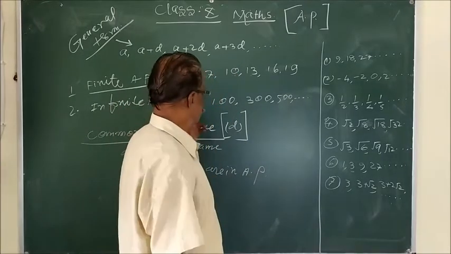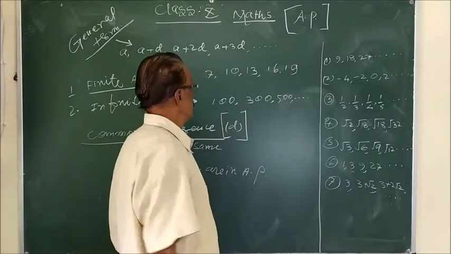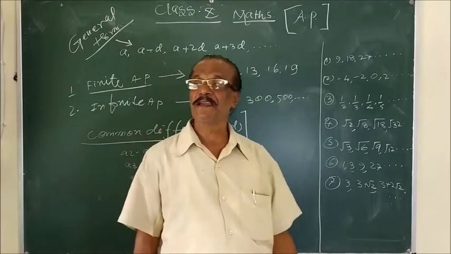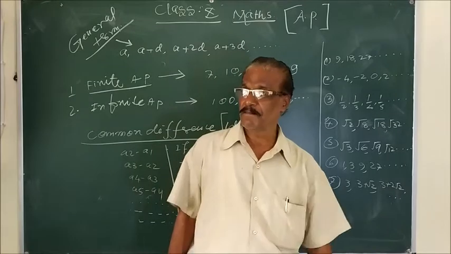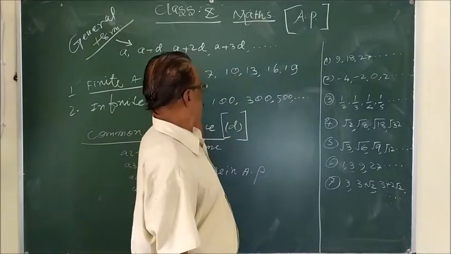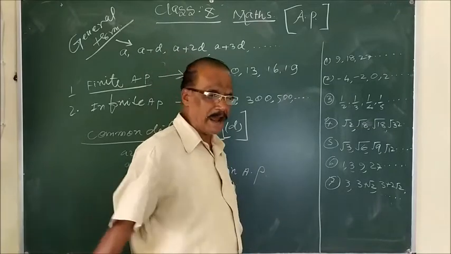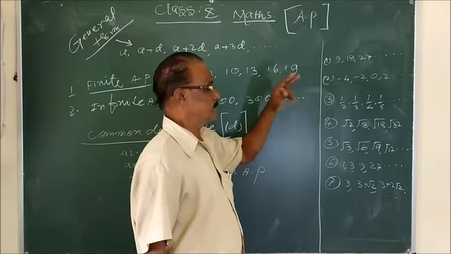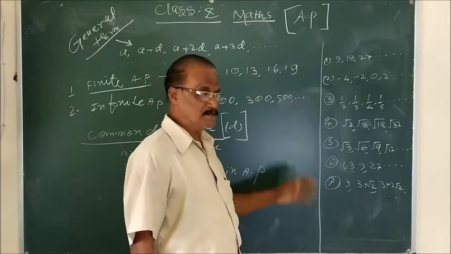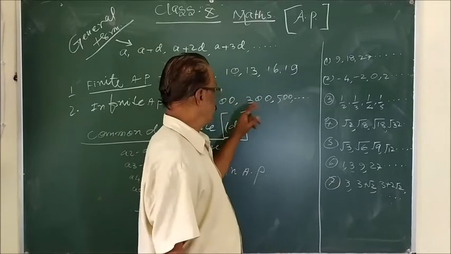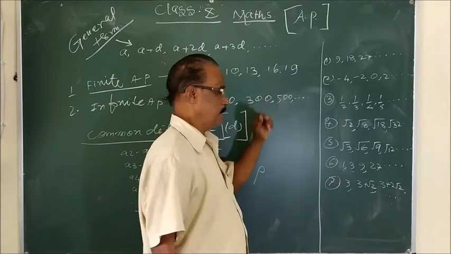Infinite, you know very well. Finite verb you must have studied in English grammar, finite verb, auxiliary verb. So infinite is just the reverse of that. 100, 300, 500, dash. This means we know the first term, and with that rule we can find these are in AP.